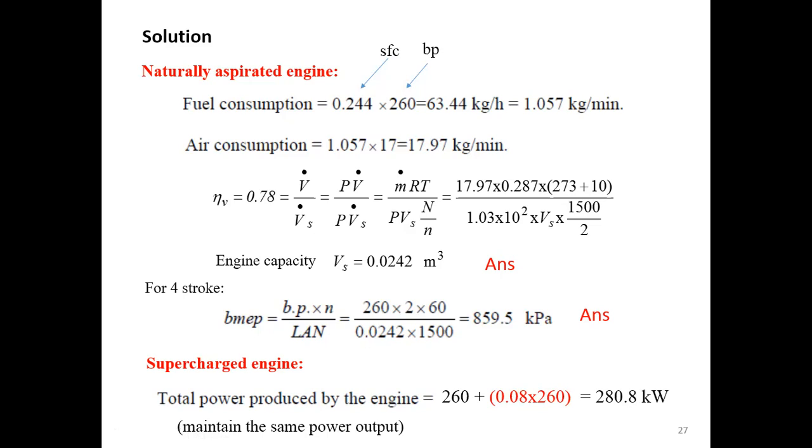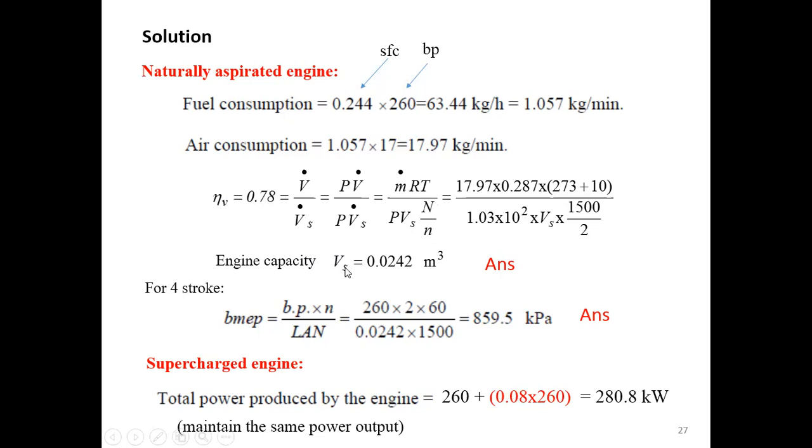We don't know the swept volume, but never mind, just leave the swept volume here. We know the speed of the engine, and it is a four-stroke. So with this, we can now solve for the swept volume. From the volumetric efficiency, we can get the swept volume.